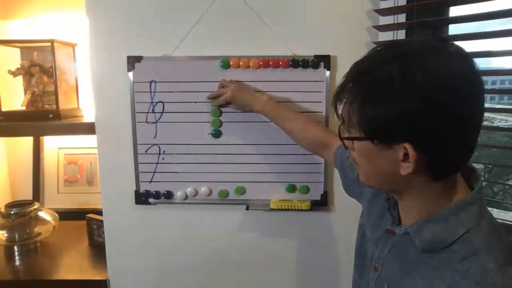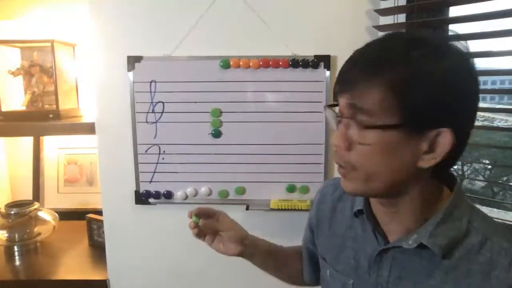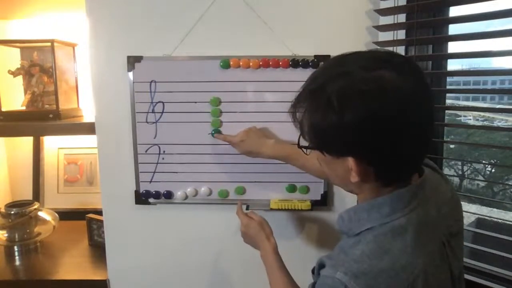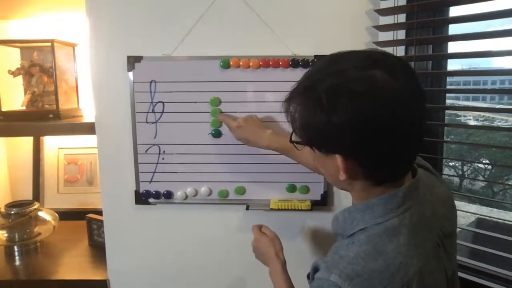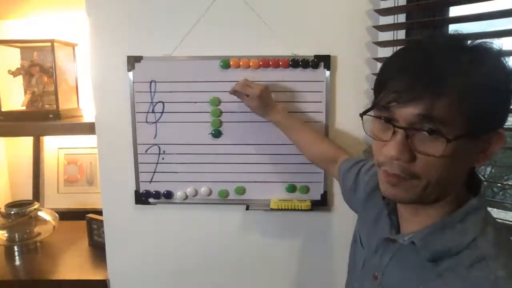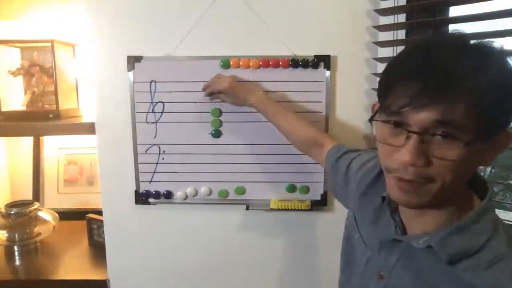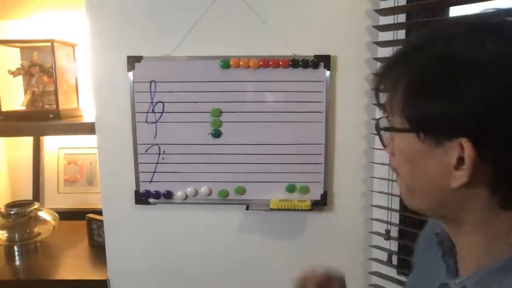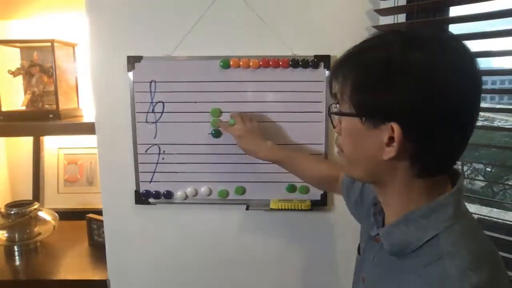We don't need this yet because we're not dealing with sevens yet. This is 1, 3, 5, 7, so 1, 2, 3, 4, 5, 6, 7. But there will be a separate lesson about the sevens. It's going to be very difficult if I squeeze in everything now. So we only need 3 of those.